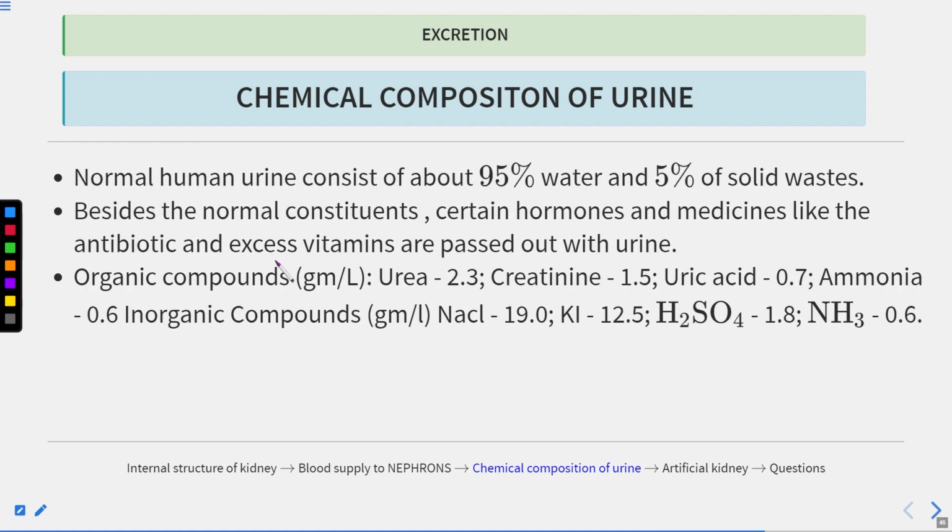Now let's talk about the chemical composition of the urine. Now the urine has been formed. What is the chemical composition of the urine? Normal human urine consists of about 95% water and only 5% solid waste. Human urine also consists of toxic materials such as urea and uric acid.